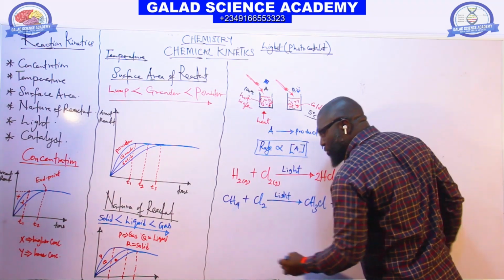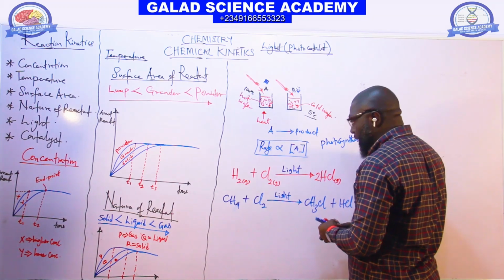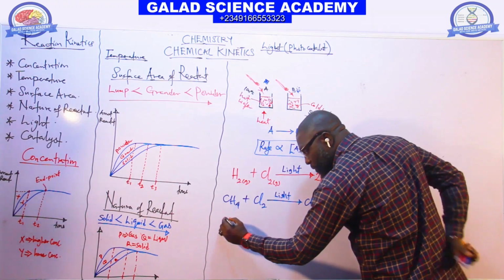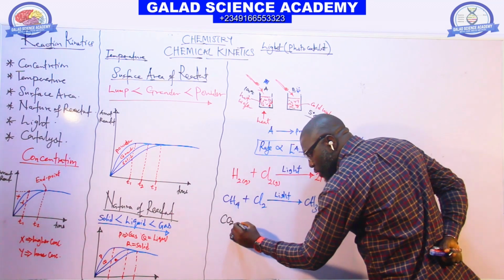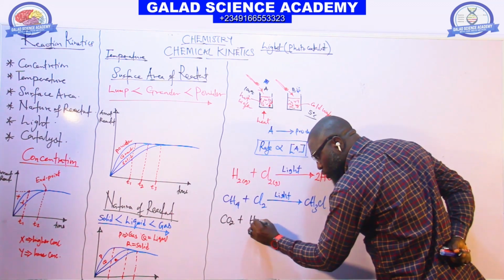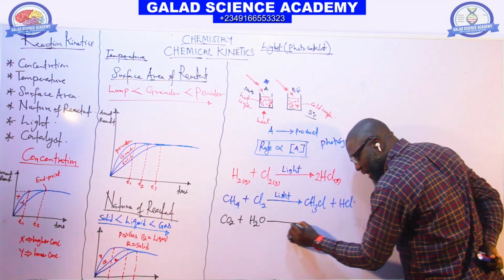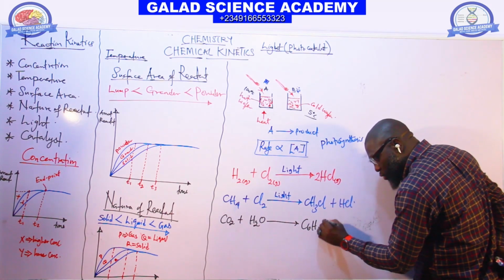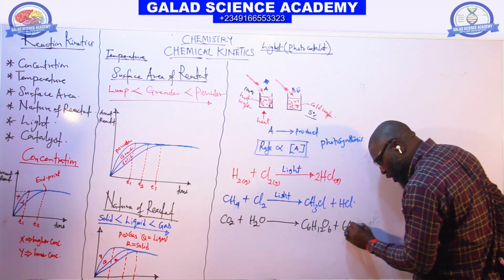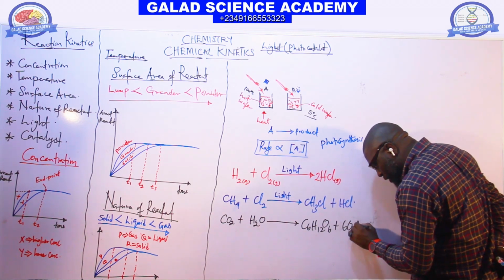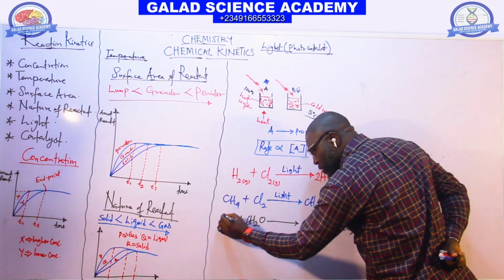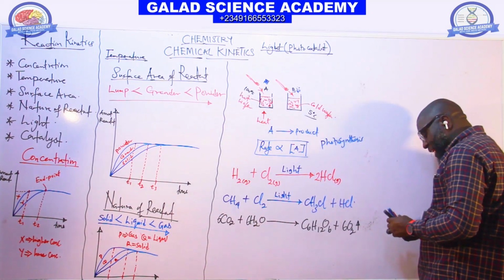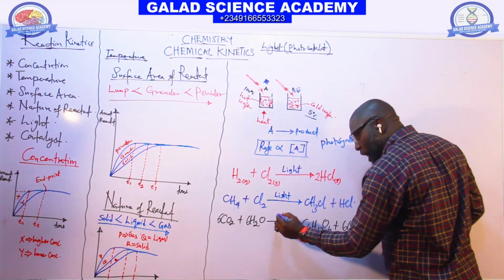So here you can have CO2 react with H2O in the presence of sunlight to give us C6H12O6 plus 6 moles of oxygen gas. Here we have 6, we have 6. But what is the catalyst in this reaction? We have light.